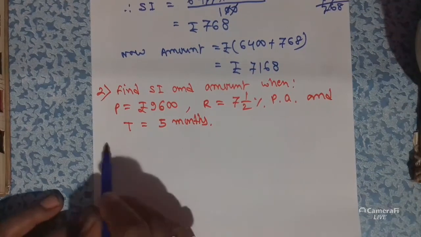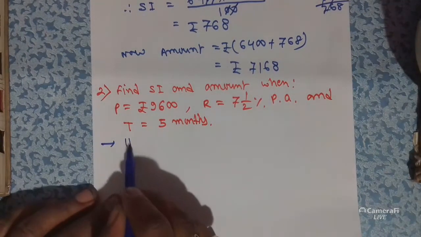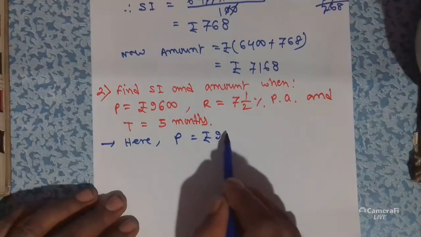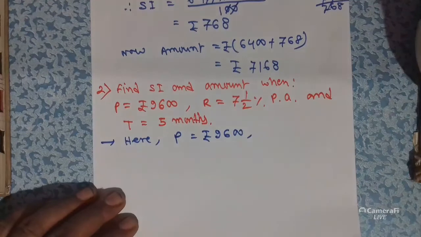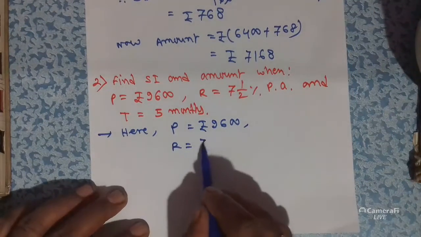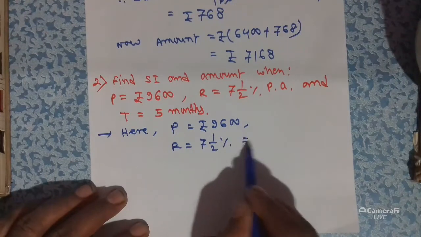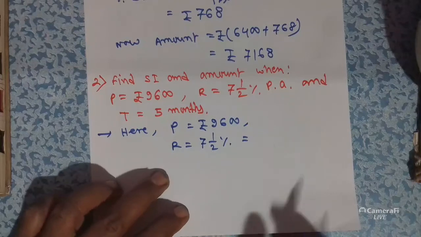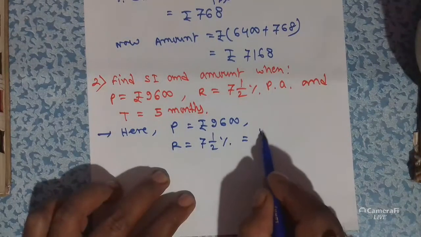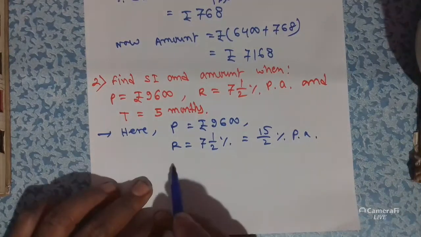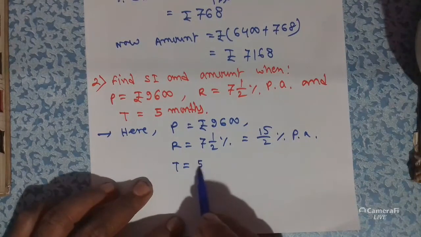So here, students, principal is equal to rupees 9600, rate of interest is 7 whole 1 by 2%. So we have to convert this mixed fraction into an improper fraction. So it will be 15 by 2% per annum, and time is 5 months.